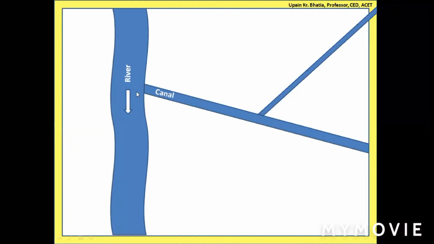Though in the previous lecture we studied one device which was provided to prevent the entry of silt from river to canal, the entire silt cannot be filtered out. So we have to provide some structures. What kind of structures are provided? I have categorized them into three categories basically. So where these structures are to be provided and what is the category of the structure, let us see.